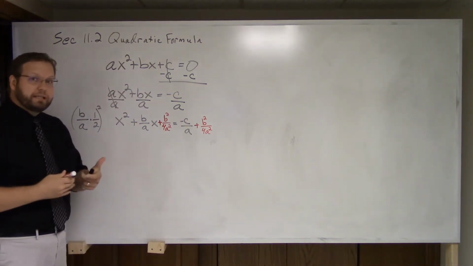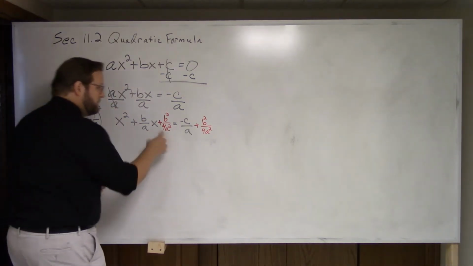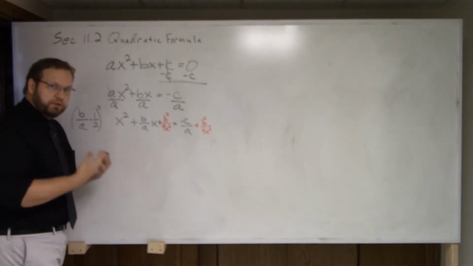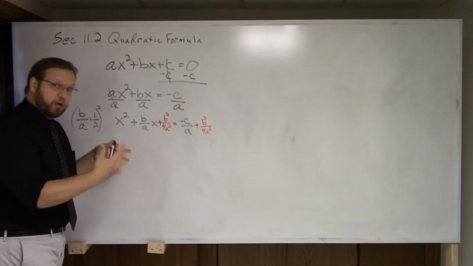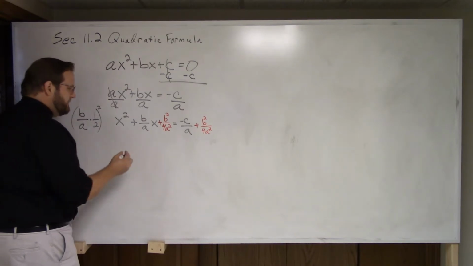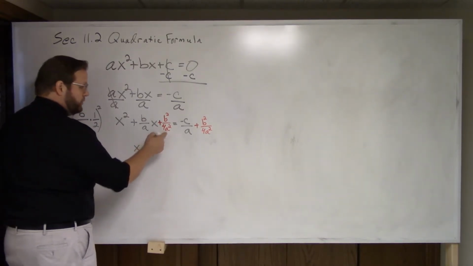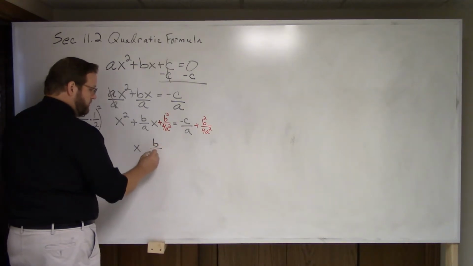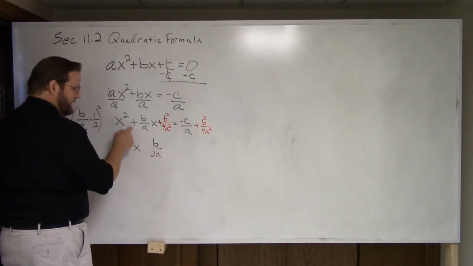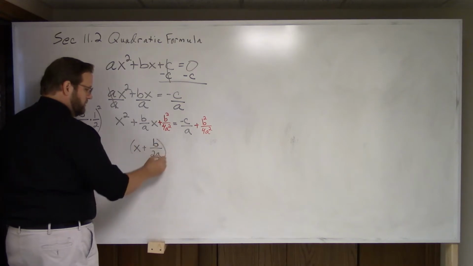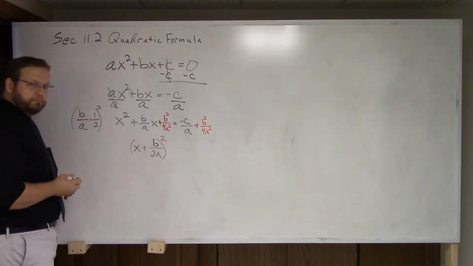Now let's clean that up. This side, after we complete the square, which is what we just did, we completed that trinomial as a perfect square trinomial. We can factor that very easily. I just drop down the square root, which is b over 2a, and then I have this plus sign here, and then I square.